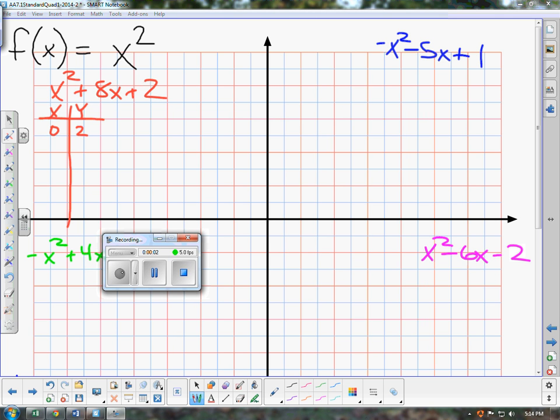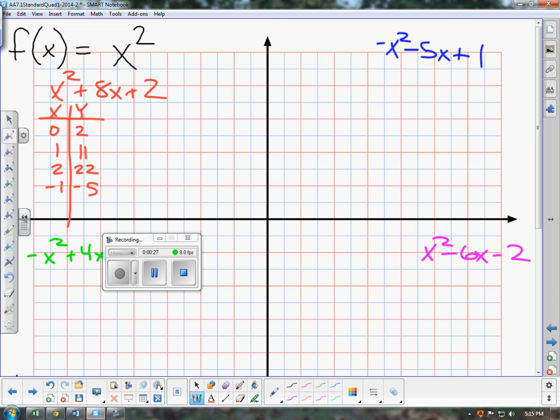All right, graphing these four different quadratics. This first one, x squared plus 8x plus 2, the red group, you should have coordinates of (0, 2), (1, 11), (2, 22), and so on and so forth in that direction. And at negative 1, you should get a negative 5.